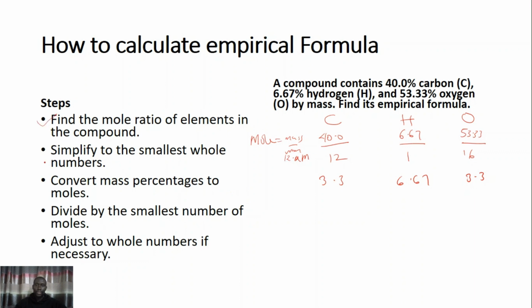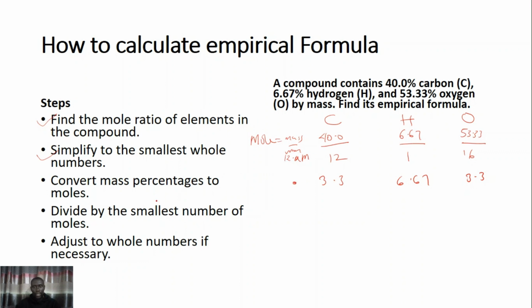The second step, we simplify to the smallest whole number. The first, we find the mole ratio of the elements. Okay, we simplify it to the smallest whole numbers, and we already converted the mass percentage to moles, which we did here.